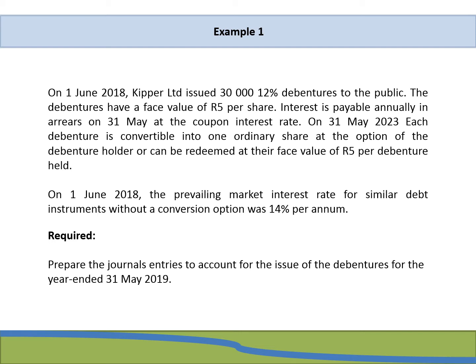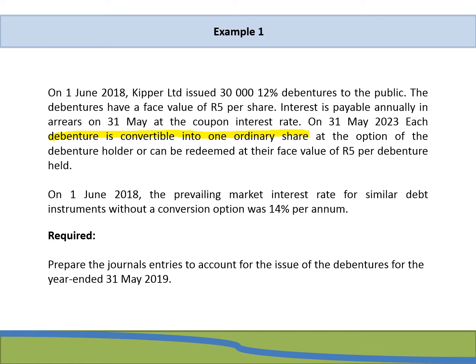Do you see that these debentures are convertible in terms of amount and not value, as for each debenture that is held it will be convertible into one ordinary share? So there are a fixed amount of shares attached to the debentures and not a rand value.